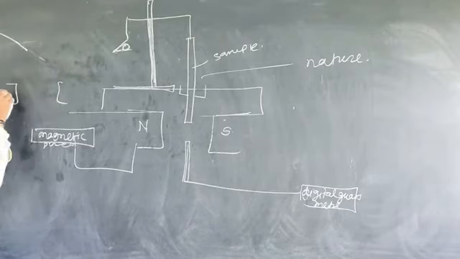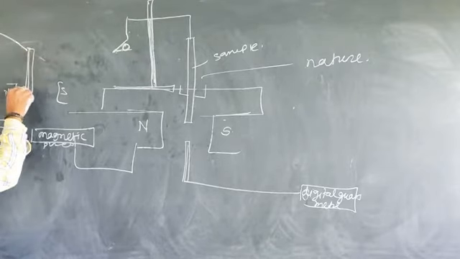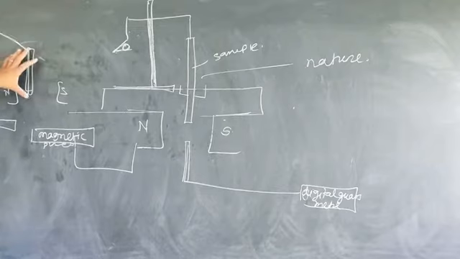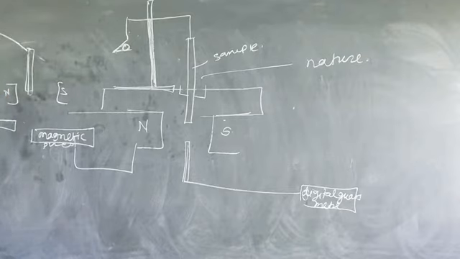Suppose this is N, this is S. Now the instrument is on, that is, the magnetic field is generated, and this sample is paramagnetic in nature. Because it is paramagnetic, it is strongly attracted in this magnetic field, so the balance becomes unequal in position. Now keep the field constant and equate this position at zero level by adding some additional weights.